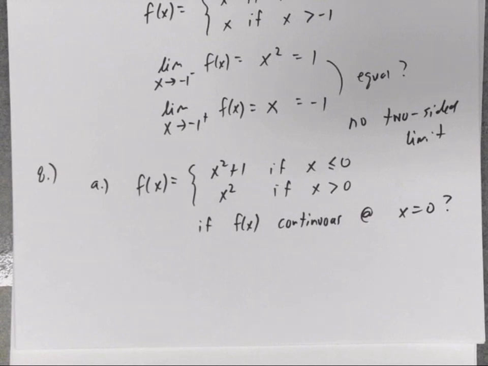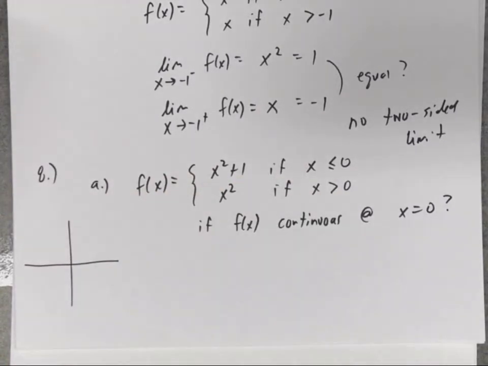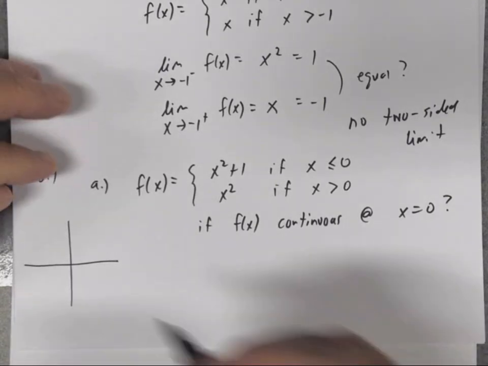at x equals 0. In other words, remember we said if you draw a graph, a continuous function means you can draw the whole function without lifting your pen off the paper.